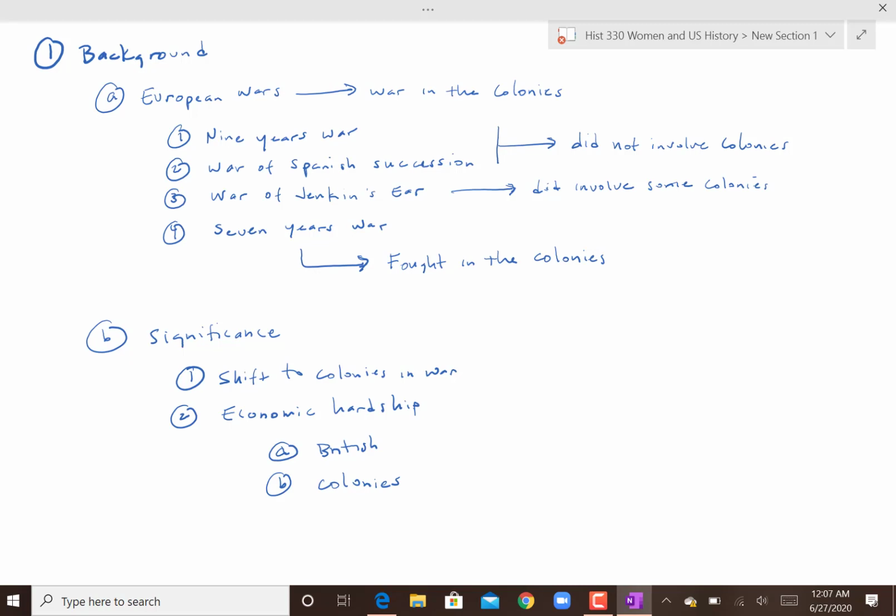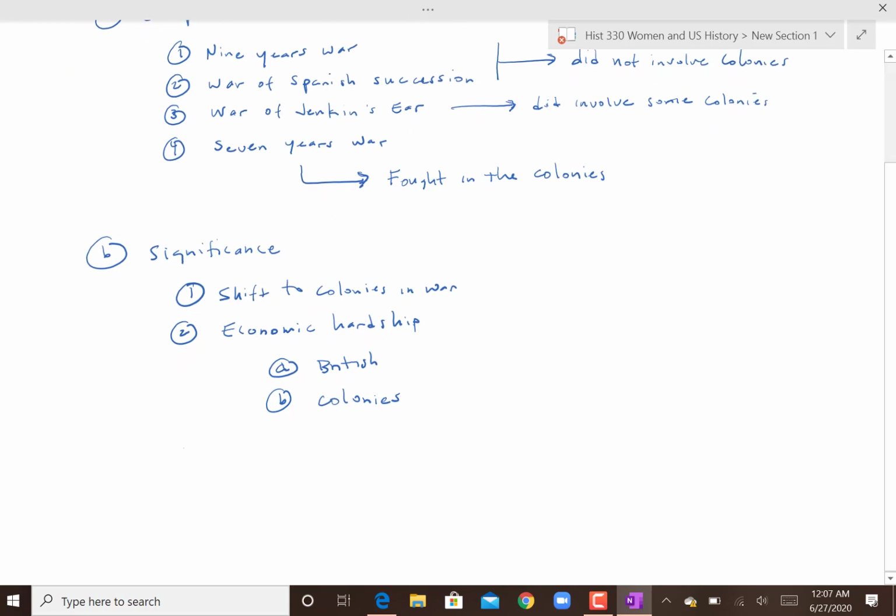And then the other thing that was evident from the Seven Years' War on was tensions and division between the British and the colonists, because technically they're both British, but there was a clear difference beginning to distinguish between the colonists seeing themselves as other than British, and the British seeing themselves as British, and the colonists as not.